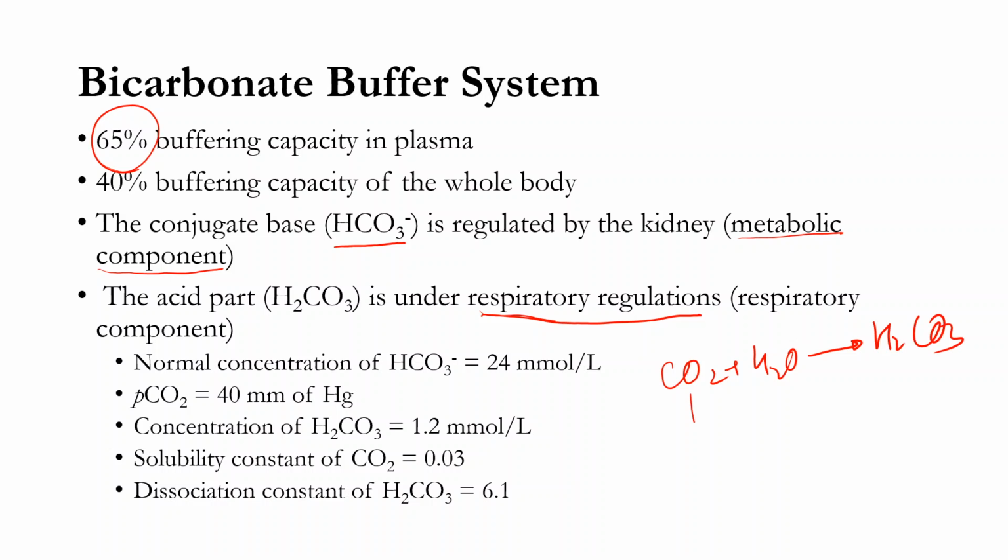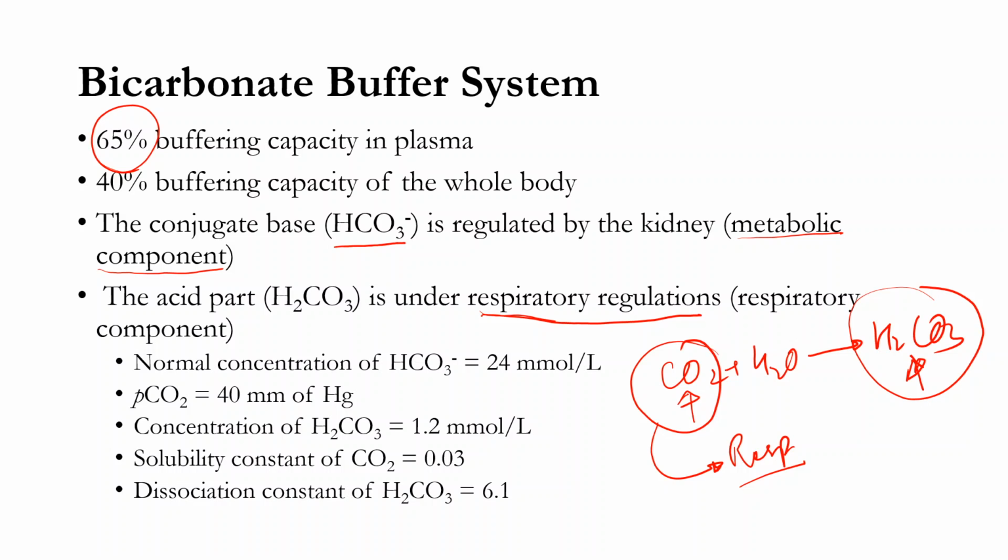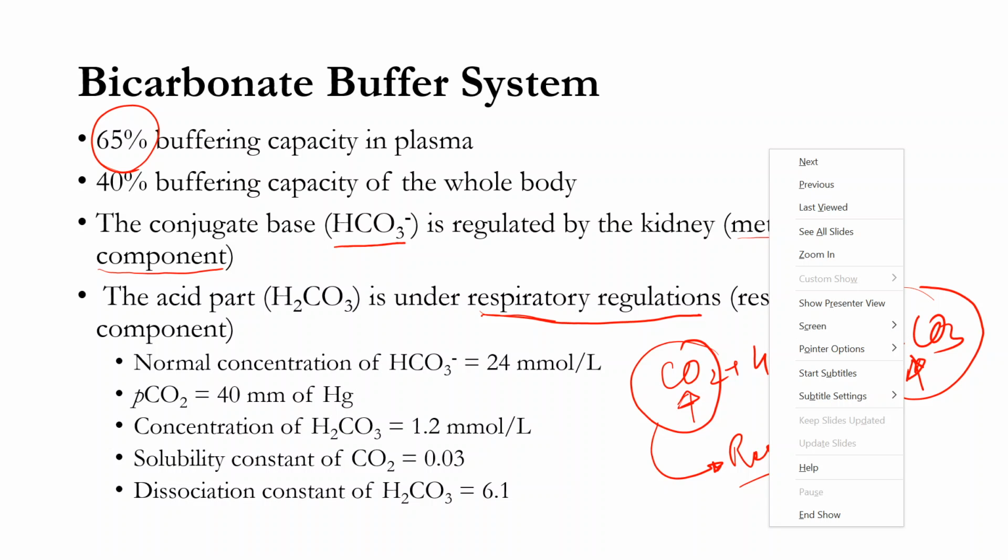So if there is more carbon dioxide, there will be more carbonic acid. Carbon dioxide can be exhaled in the breath by the lungs, and that is under respiratory control. If there is less carbon dioxide, there will be less acid, so more carbon dioxide will be washed out from the body by breathing, by expiration.